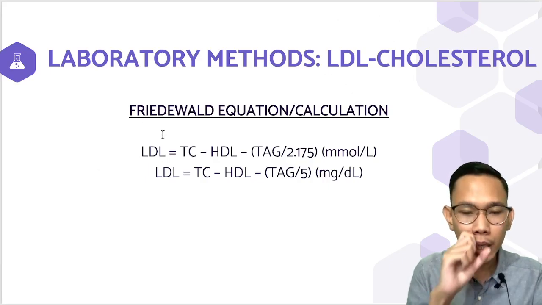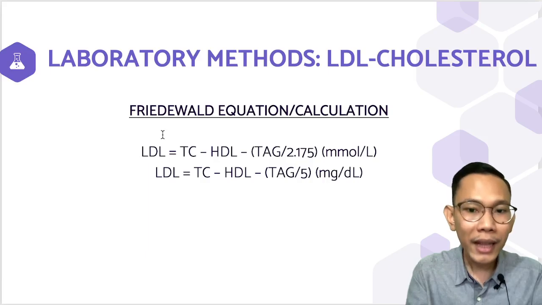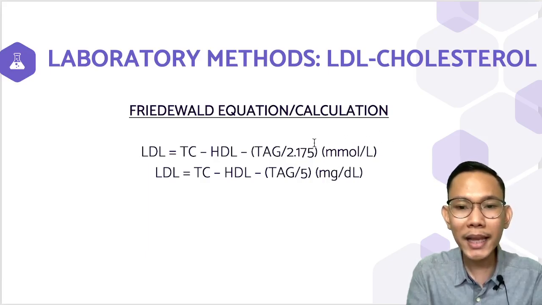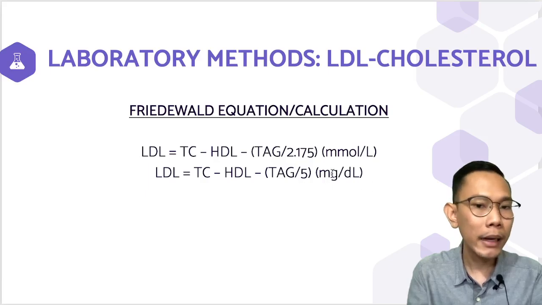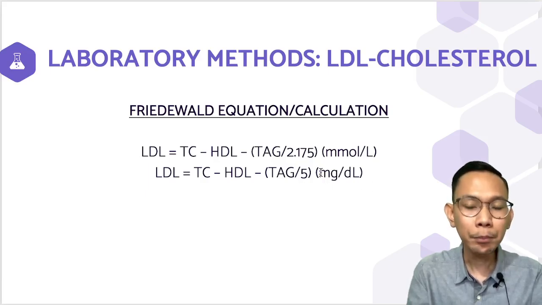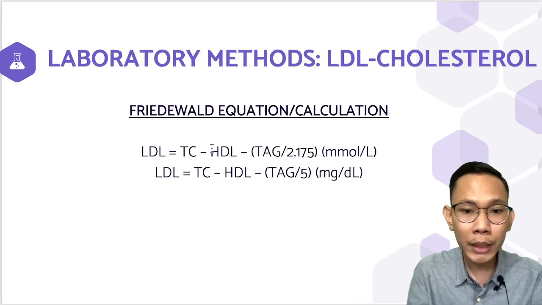So, again, if you're going to get the SI unit, so di ba, ang SI unit natin is your millimole or standard unit, your millimole per liter. Conventional unit is your milligram per dL. If you want to get the SI unit, this will be the formula.